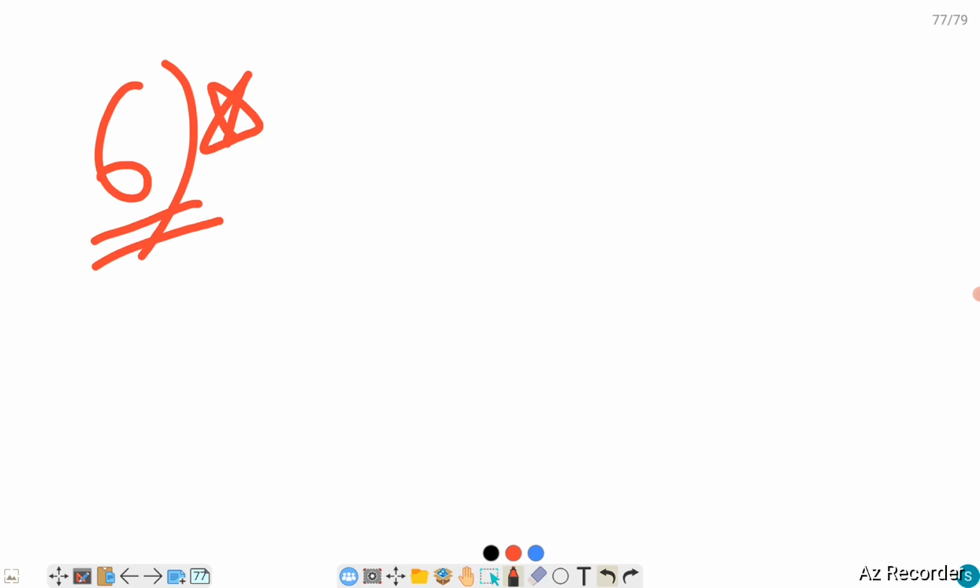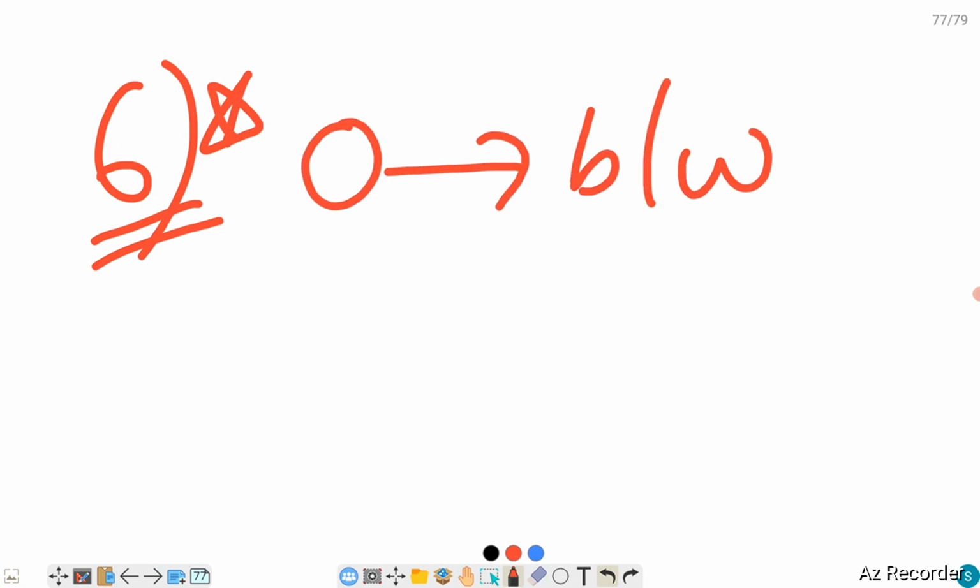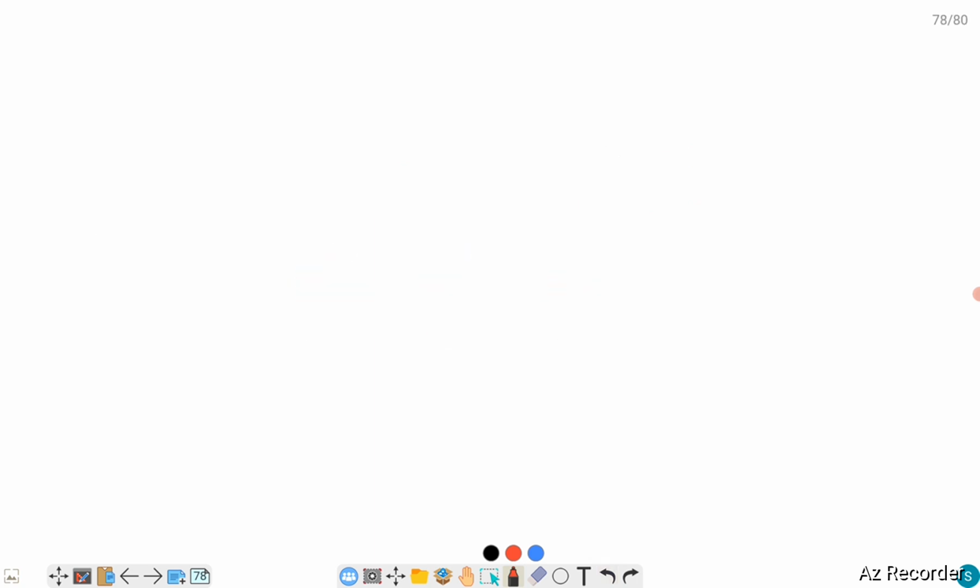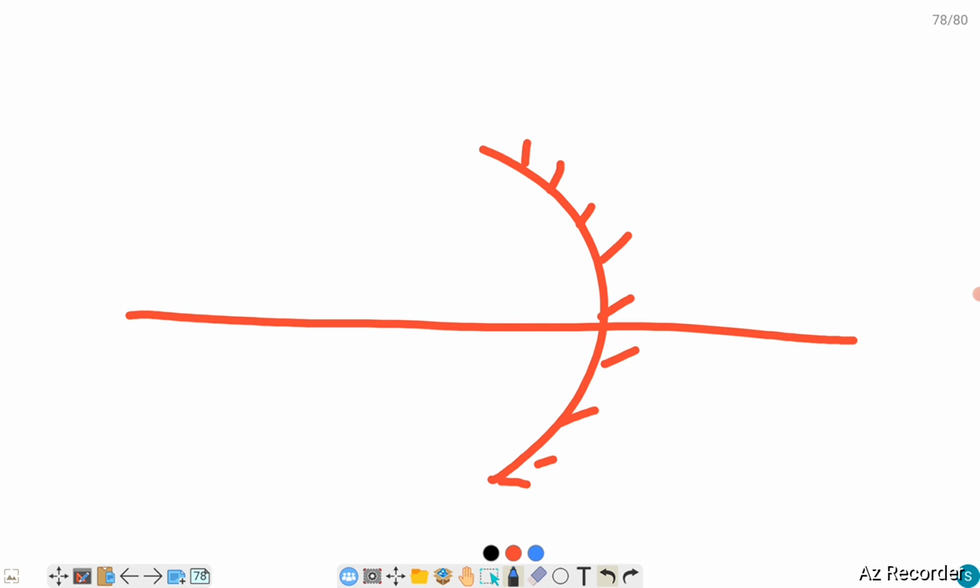Now see, the object is between focus and pole. Let me draw the diagram. Why it is important and what its relationship with the fourth case is, you will understand now. It is very important even for numericals. Until now we have not learned any numerical in the light chapter, correct? Once we finish this, we will go to the numericals.